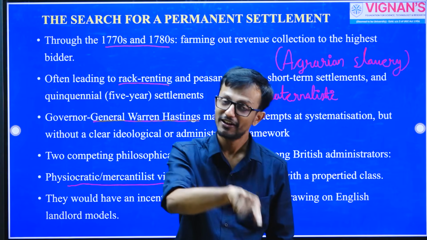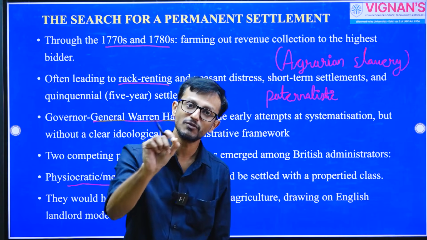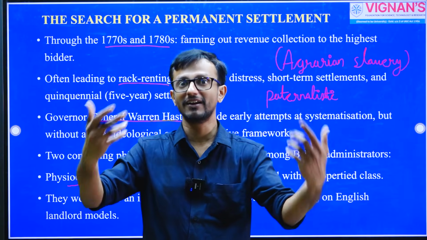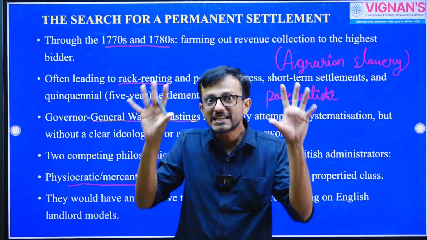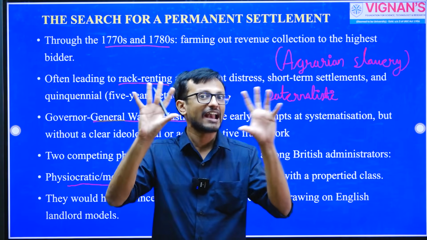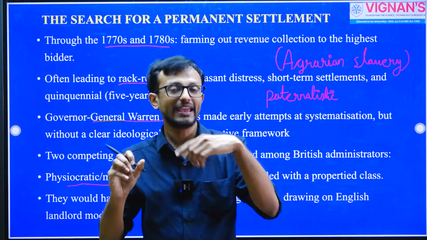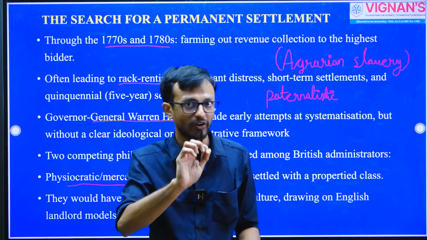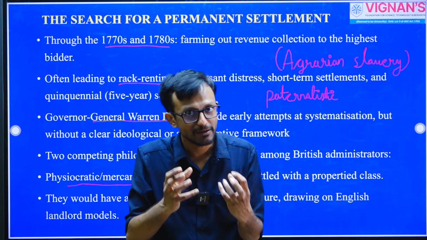So in England during that time, the system was that there was a set of landlords who were very entrepreneurial. There is a kind of business-like mind that these landlords in Britain had. So again, I told you the idea of commercialization of land is a British product. It is not essentially an Indian product.